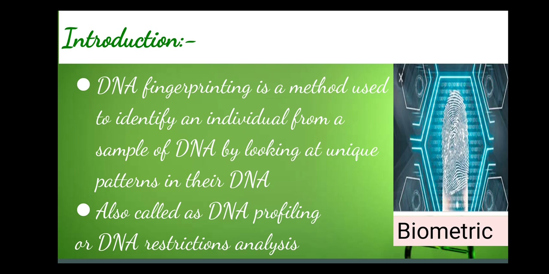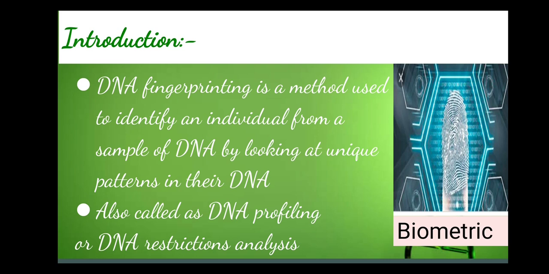Another thing is biometric. Biometric is different from DNA fingerprinting, because in biometric, as we have many ridges in our thumbs and fingers, on the basis of the ridges present in our thumb they generate an electric signal in the form of 1 or 0.